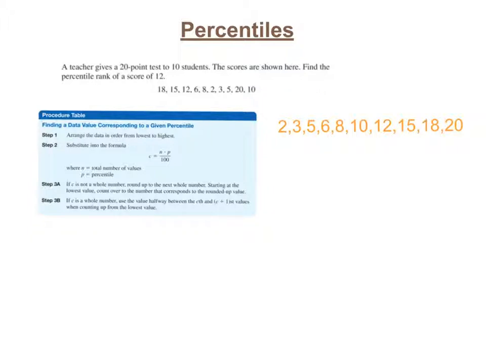C is what I'm looking for. N is the total number of values. 1, 2, 3, 4, 5, 6, 7, 8, 9, 10 values. P is the percent I'm looking for, the 80th. Since this is a percent, I'm going to divide by 100. So this is going to be 8.